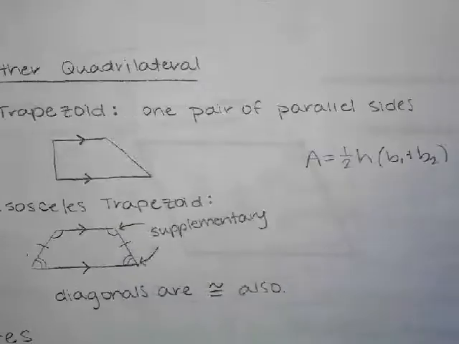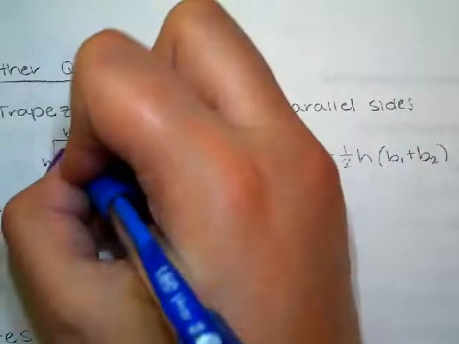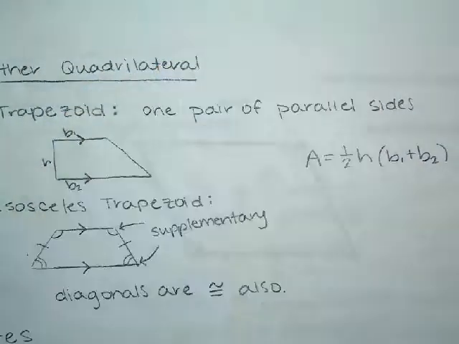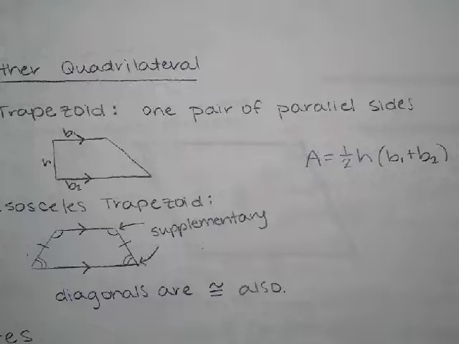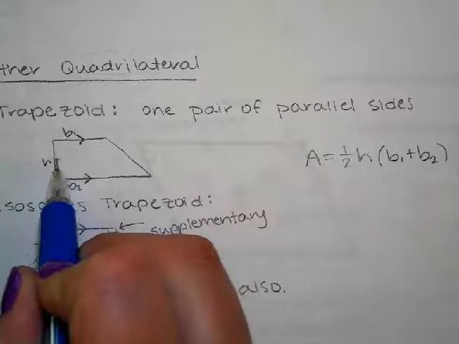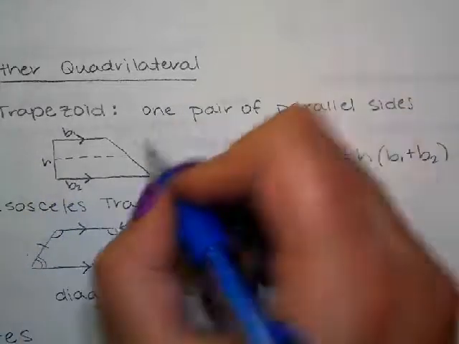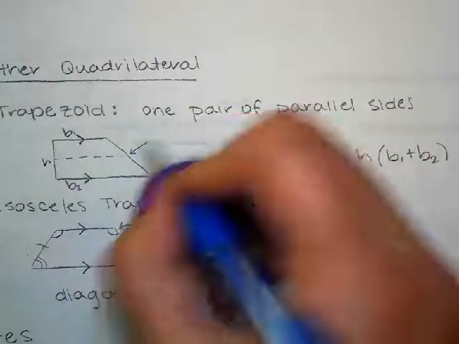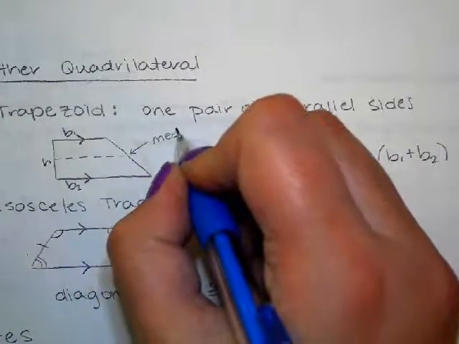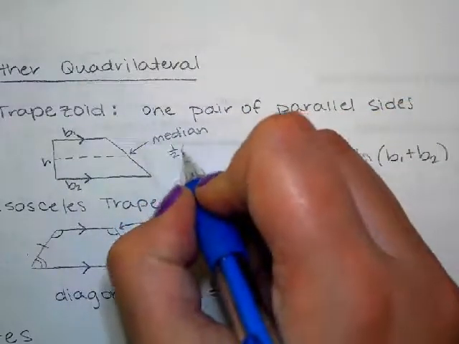This would be base 1, this would be base 2. If you want to know what this line right here in the middle is, this is the median, and the median is 1/2 of base 1 plus base 2, which kind of makes sense. It's just the average of the bases.